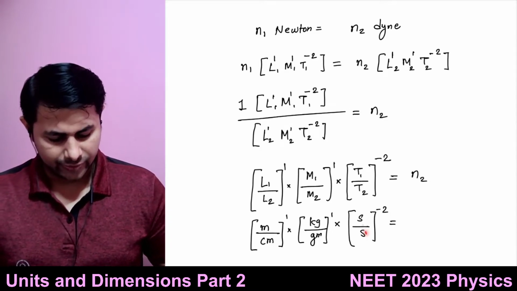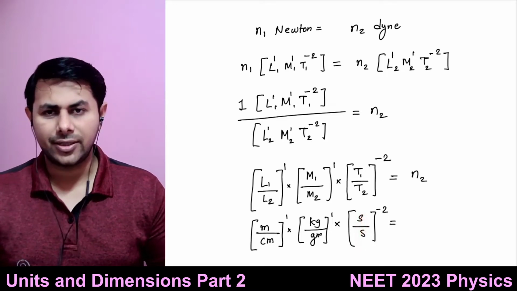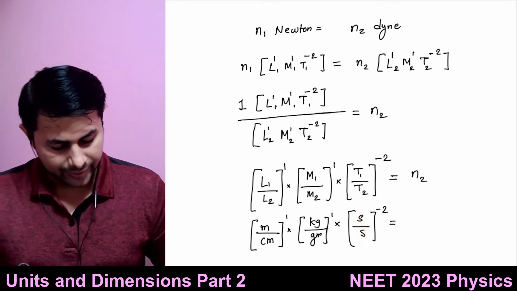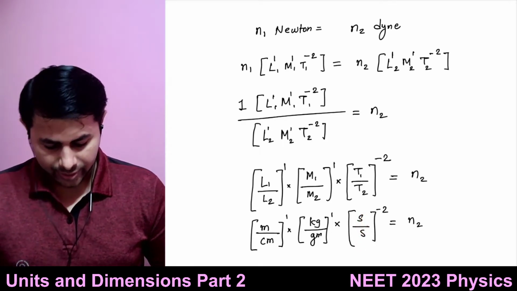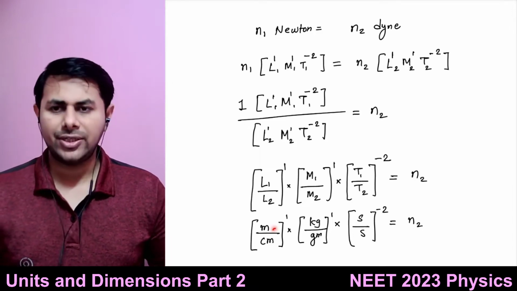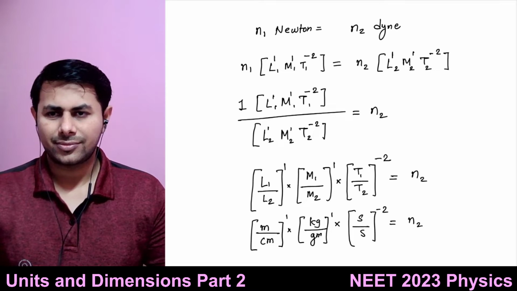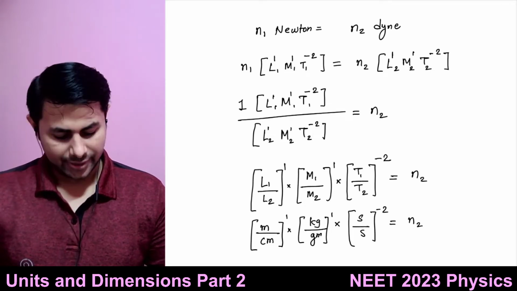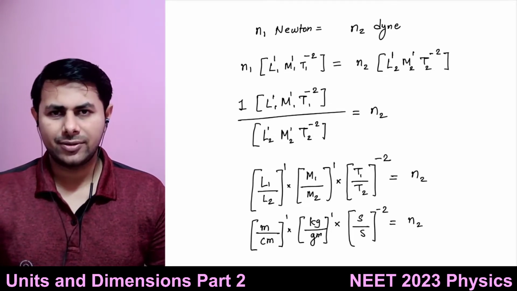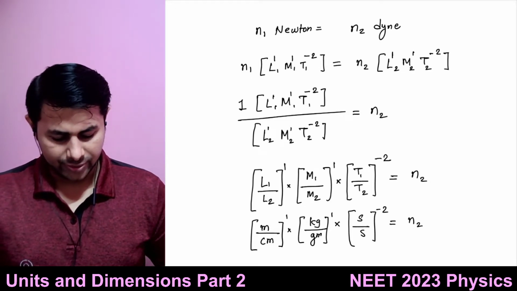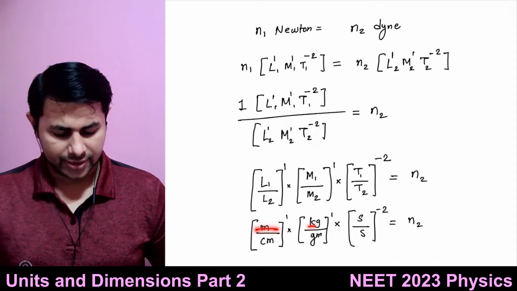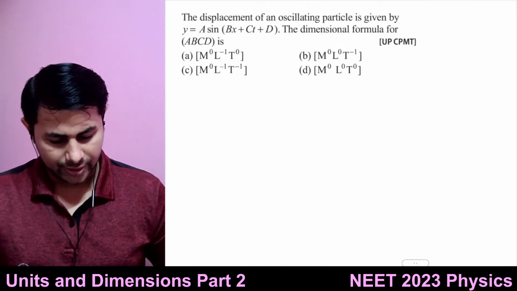So this is 1, and 1 raised to anything is 1. Now, 1 meter is how many centimeters? 100 centimeters. And 1 kg is how many grams? 1000 grams. So let's substitute that here. This is 100 centimeter, this is 1000 grams.